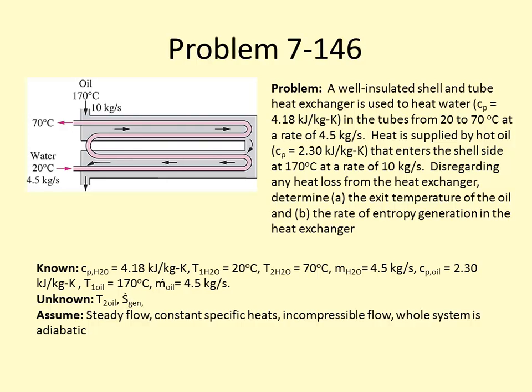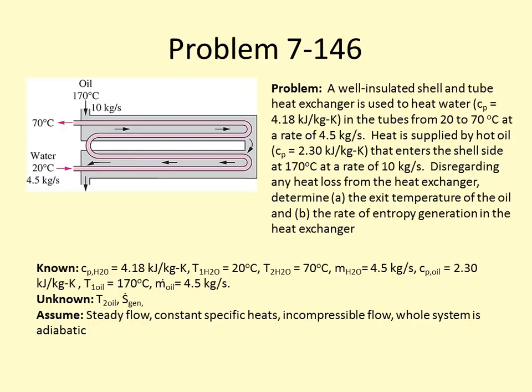But the mass flow of the water is 4.5 kilograms per second. C sub P of the water is 4.18 kilojoules per kilogram Kelvin. Natural log of 70 plus 273 divided by 20 plus 273 Kelvin.